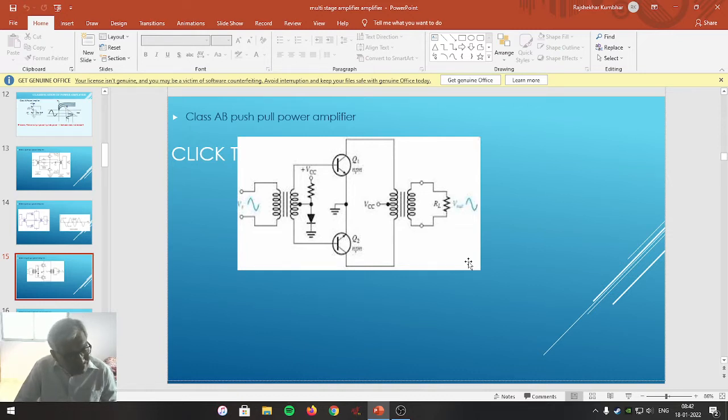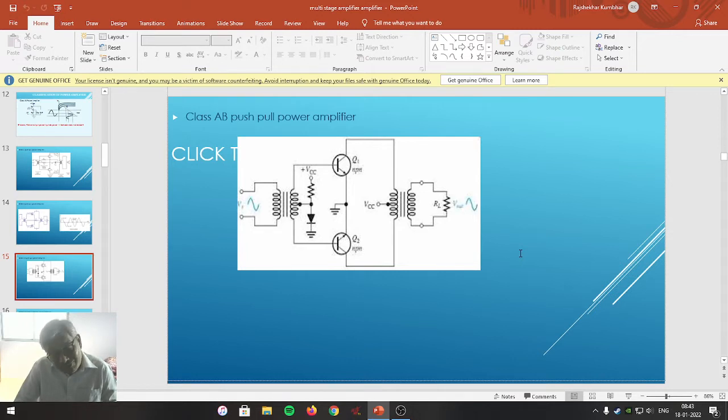Just now we have seen the reason for the crossover distortion in class B. When one of the transistors is off in class B condition, to turn on the other transistor, some delay is produced. Means output current is made available after some delay. This is because the input signal has to rise its level to forward bias that respective transistor, up to 0.3 volt for germanium or 0.7 volt for silicon.